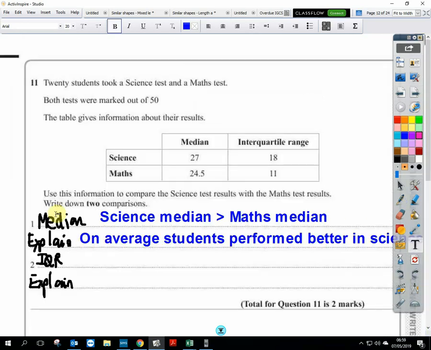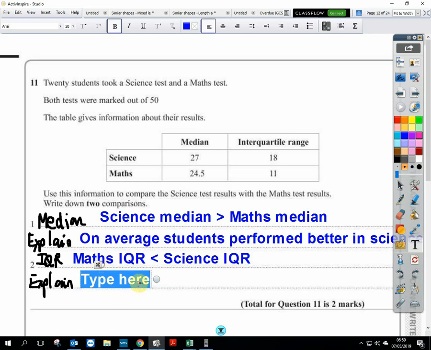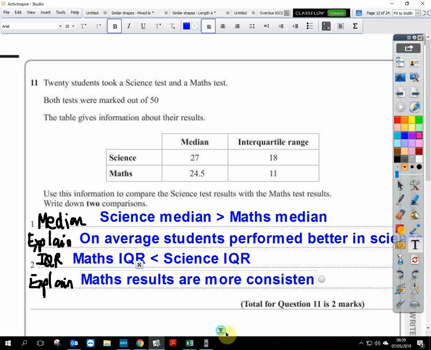Okay, IQR. So IQR, which I prefer to say which IQR is lower. So maths IQR is lower than science IQR. And what does that mean? When the IQR is lower, it means the data is more consistent. So maths results are more consistent, or less varied, or less spread out.